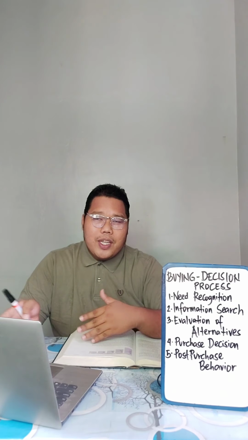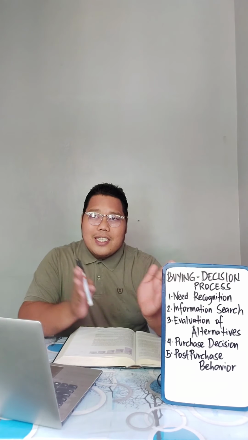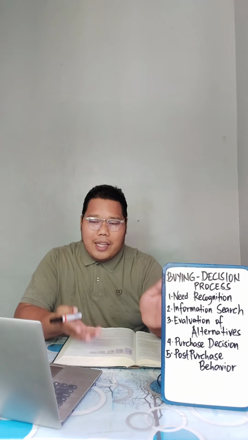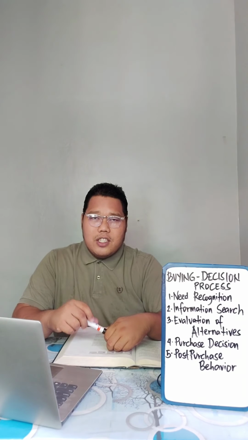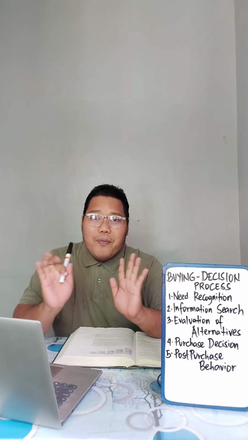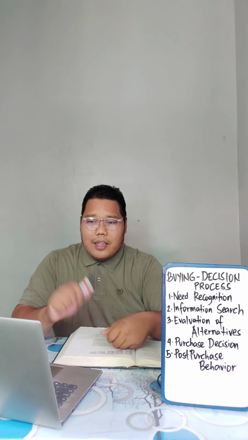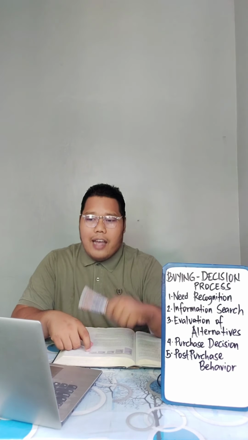Those are different. Purchase intention, you intend to buy the product. Purchase decision, now you decide to buy that product. So between purchase intention and purchase decision, these are the intervening factors that may force you not to buy that product. The first one is the attitudes of others.